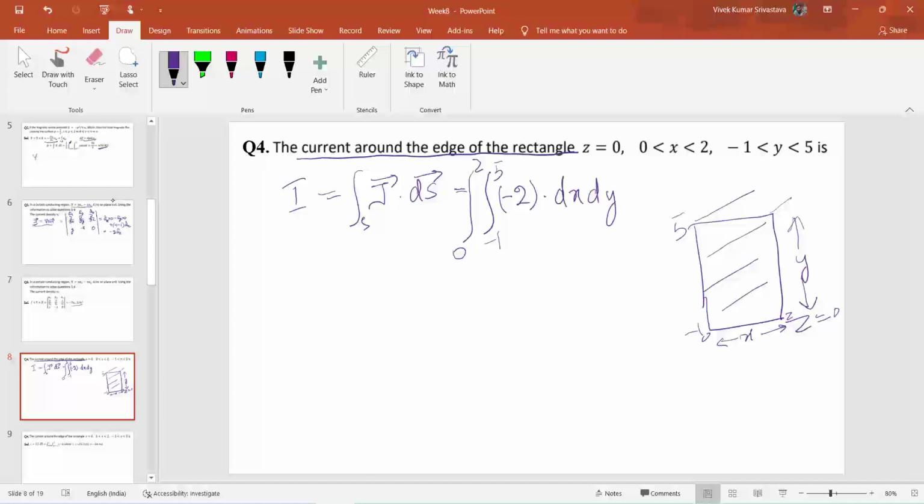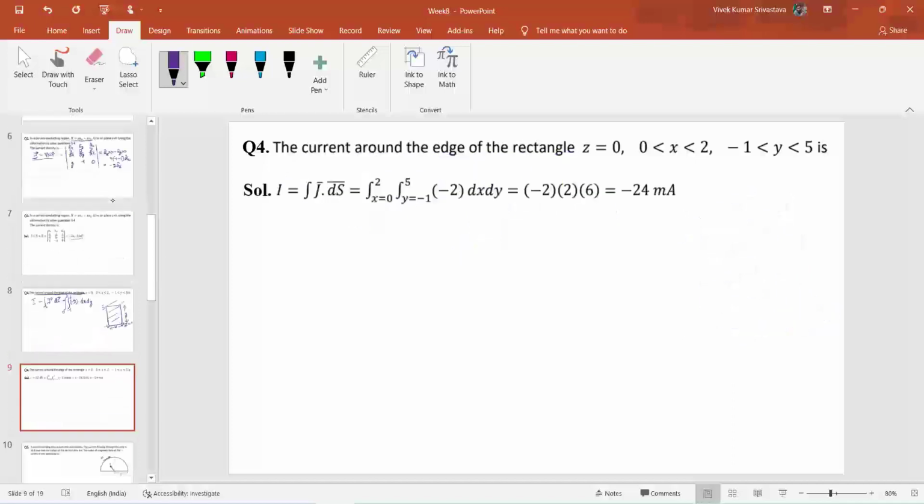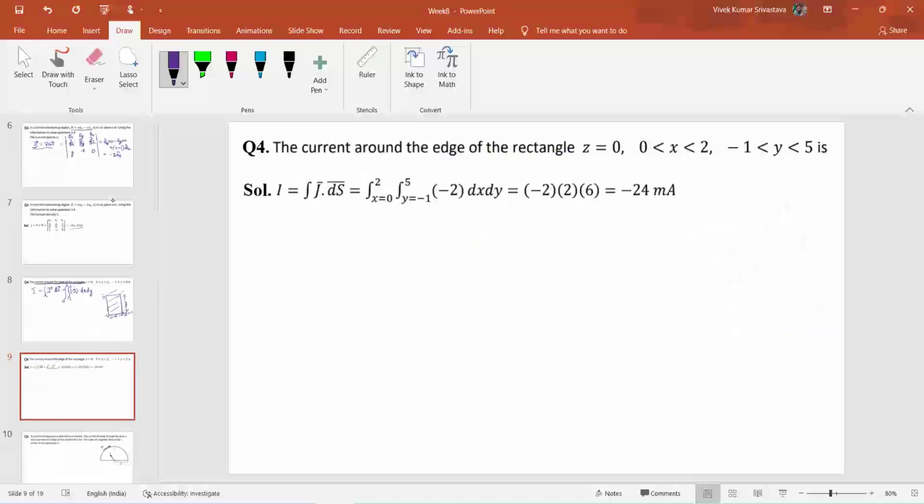So by using this expression we can calculate the current. After calculation you will get minus 24 milliampere is the amount of current that is flowing through this rectangle.